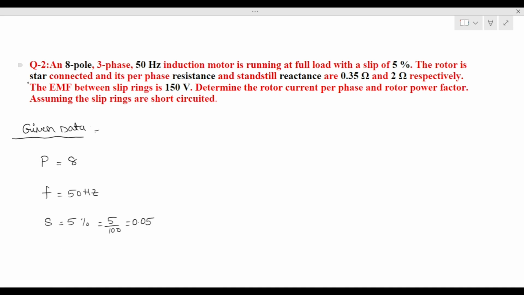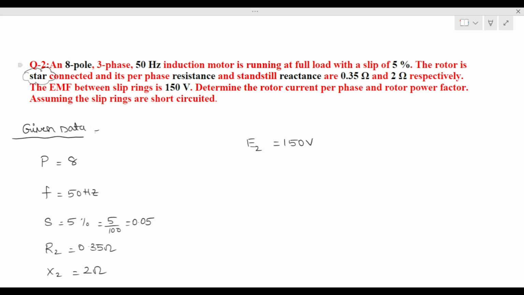This is the most important concept that has to be considered in this problem: it is star connected. The resistance R2 is equal to 0.35 ohms and X2 is equal to 2 ohms. The EMF between slip rings, that means E2, is given as 150 volts.